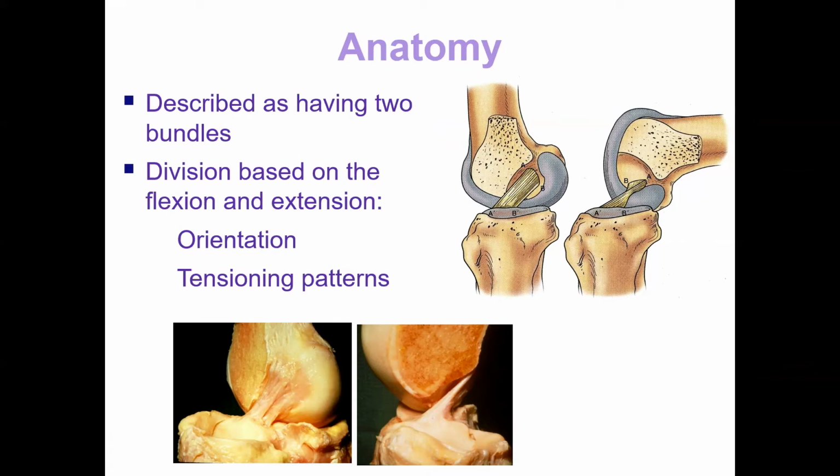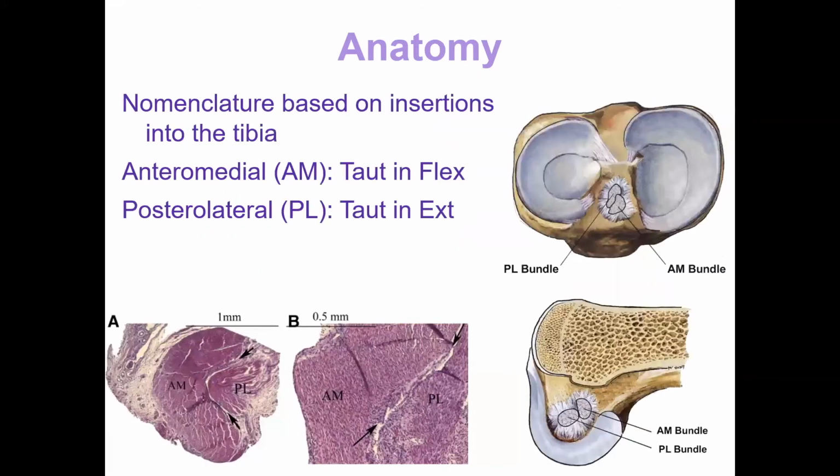However, we do still speak extensively about bundles. Here one can see some histological sections demonstrating the C-shaped cross-sectional profile of the anteromedial bundle with a more diminutive posterior bundle sitting beside it.